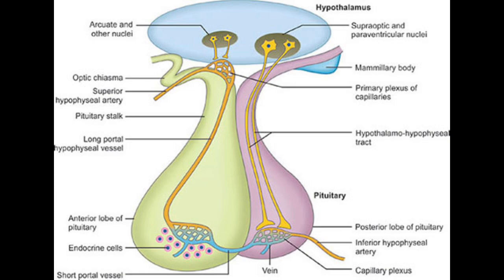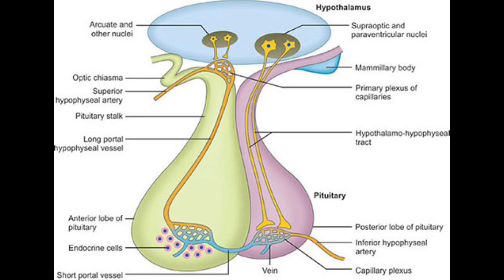So hypothalamic nuclei release hormones to the blood vessel for the anterior pituitary gland, and to the tract as neurotransmitters for the posterior pituitary gland. They are released directly and stored in the posterior pituitary gland. For the posterior pituitary gland, the hormones are already formed in the hypothalamus through those nuclei.